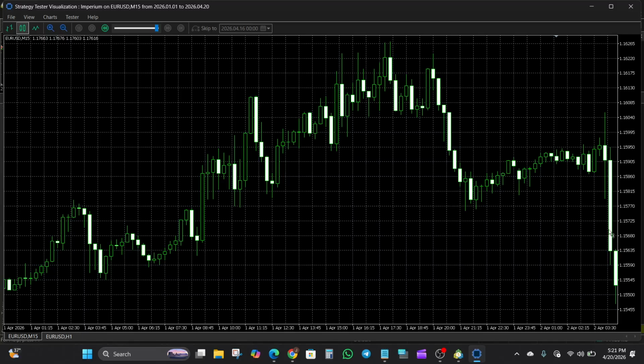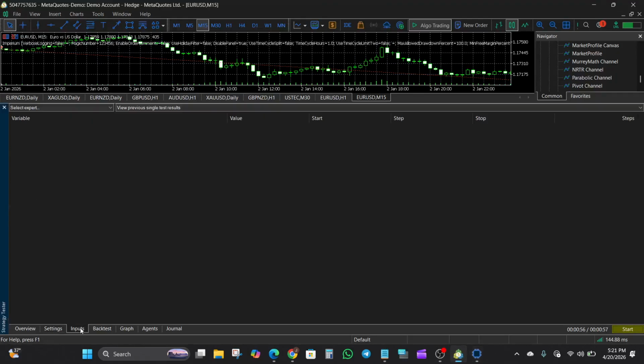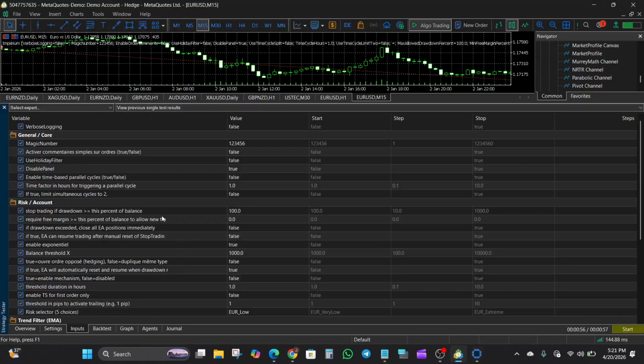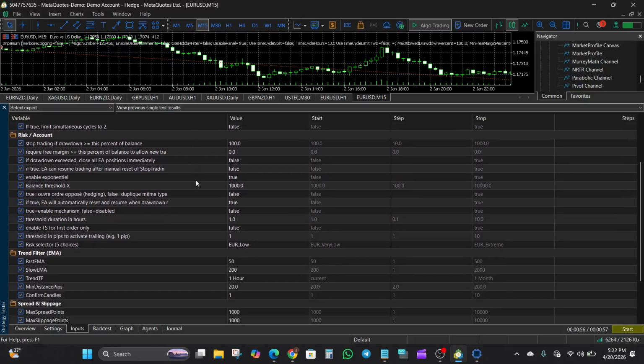Okay, so we are done with the backtesting. We are going to be heading over to the results. Now we want to see how this EA performed over the space of 3.5 months. Like I said before, you can modify the EA settings. Remember that after purchasing the EA, if there are any customizable inputs, you will be able to modify them.